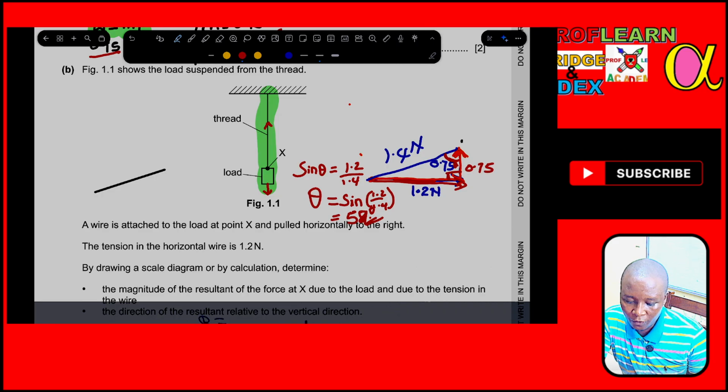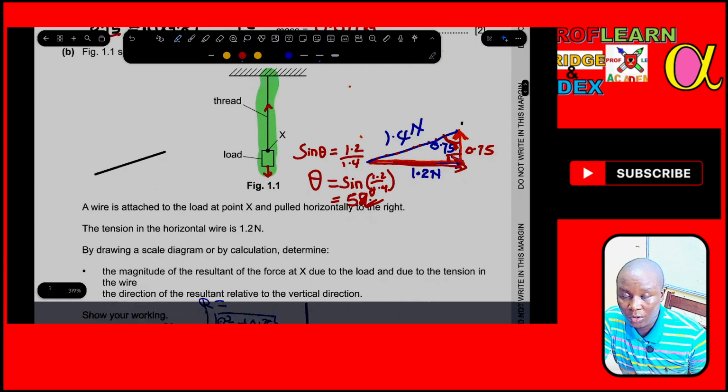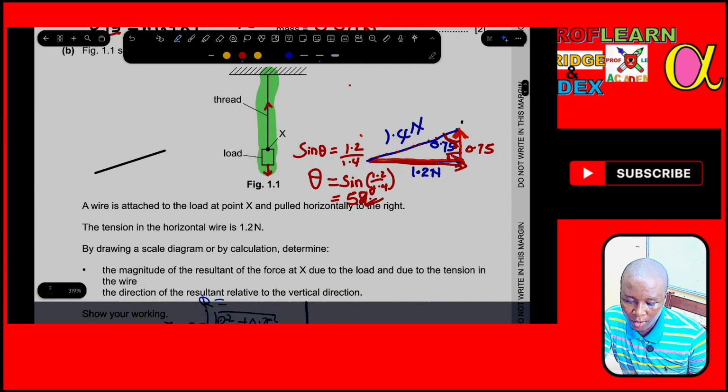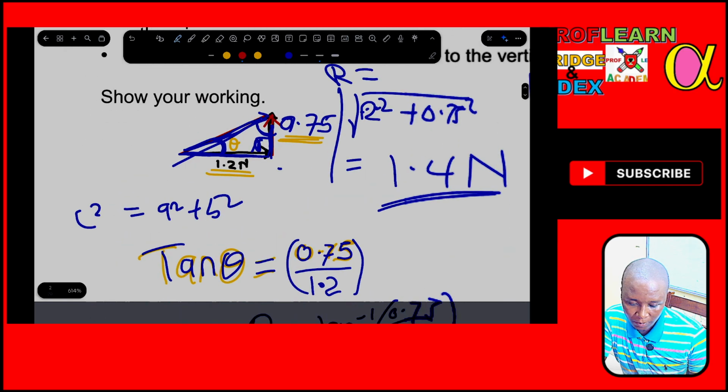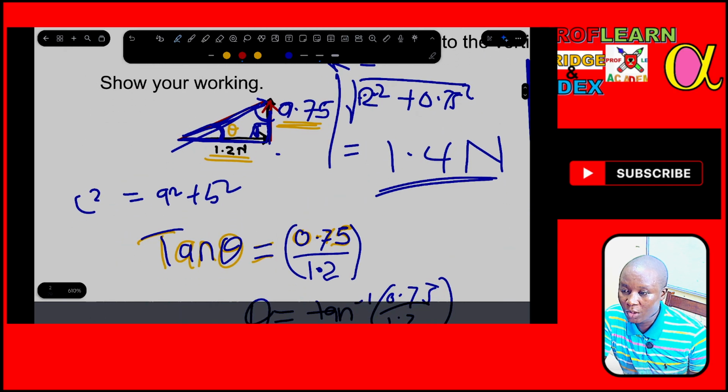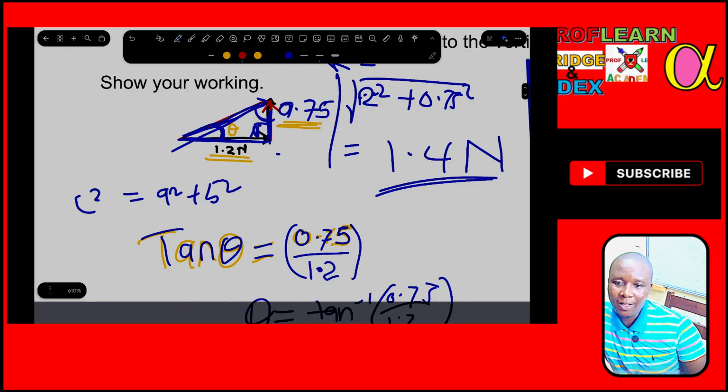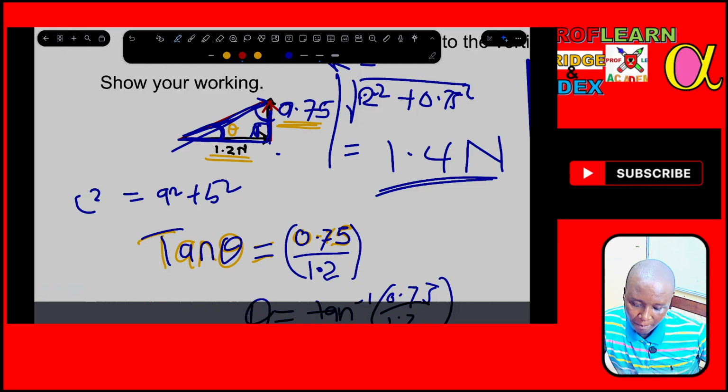To find the resultant force, we are going to use Pythagoras' theorem, 1.2 squared plus 0.75 squared, and that gives our final force as 1.4 newtons as our resultant force.